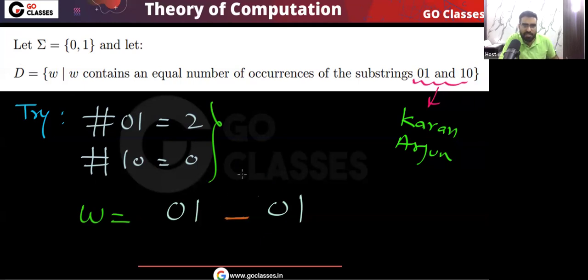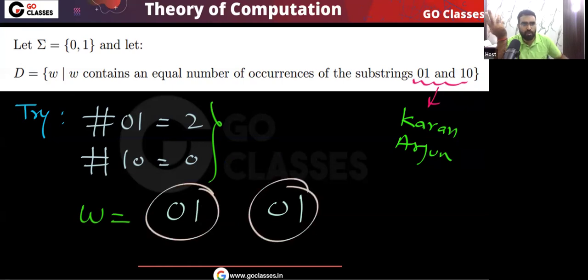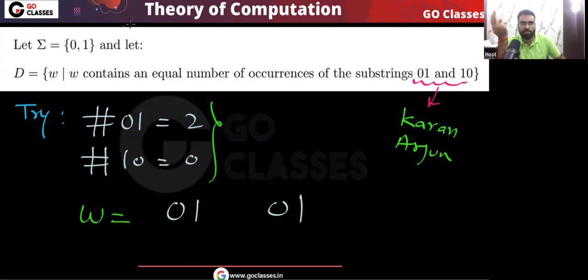Can you put something such that I will not get 1 0? So what can I put such that I will not get 1 0? If I put 1, I will get 1 0. If I put 0, I will get 1 0. Are you getting my point? Whatever you do, if you have two 0 1, then you will definitely have 1 0. Did you understand this? Let me know.